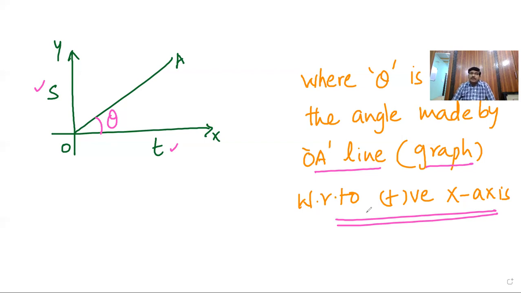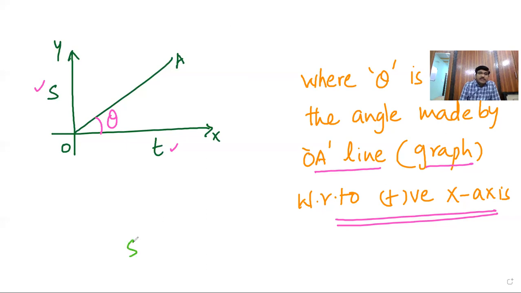Clear? Okay. Now, what is the slope of this OA line? I am interested in the slope. The slope of this OA line is theta.